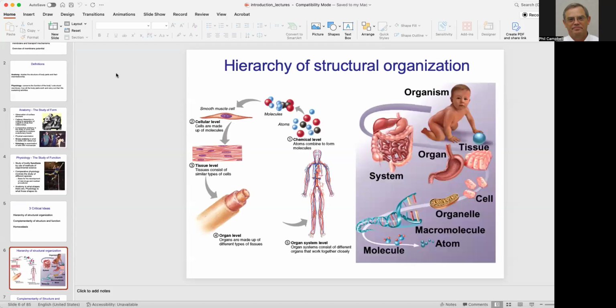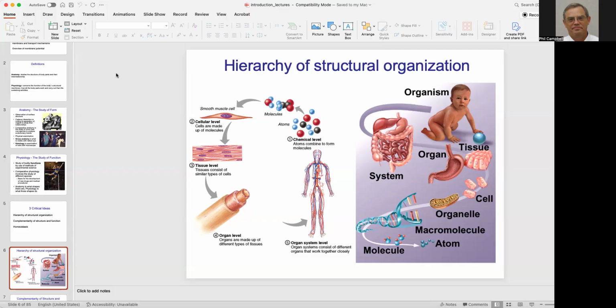So, hierarchy of structural organization. You are a composite of about 75 trillion cells, right? Each of those cells has constituents, parts, that we can get down to the molecular, atomic level.